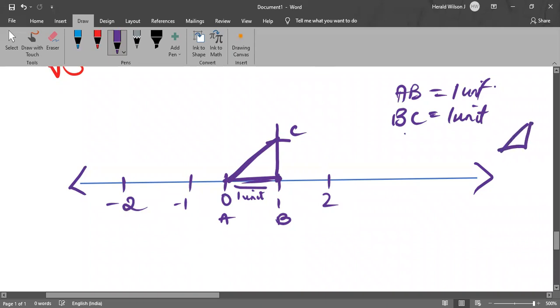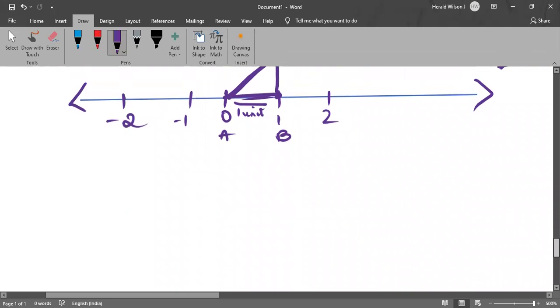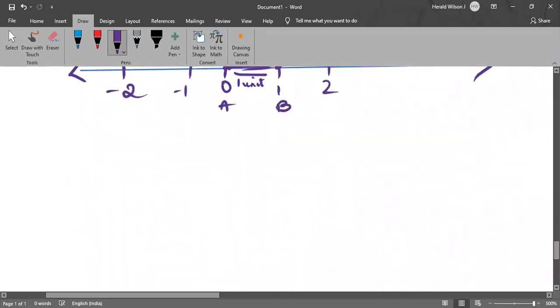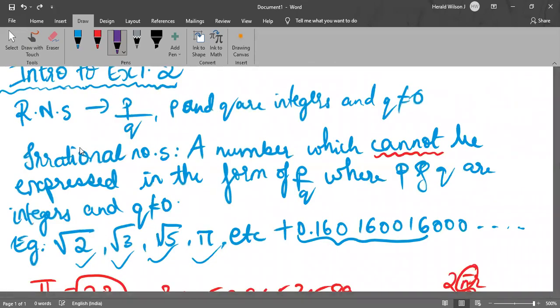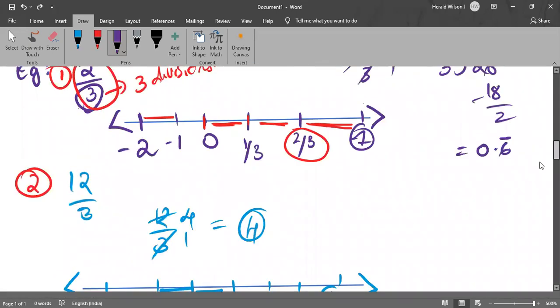So what am I trying to do? Using the Pythagoras theorem.